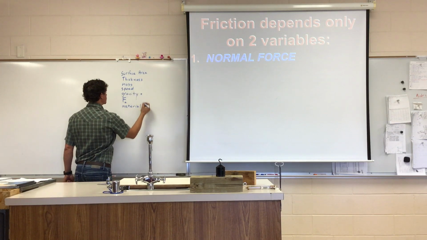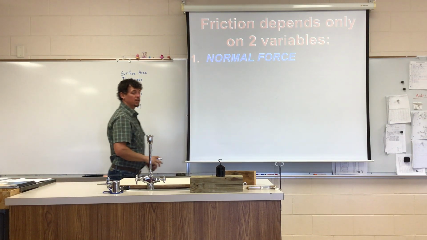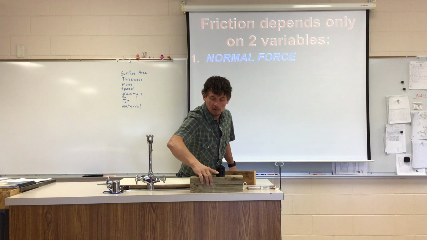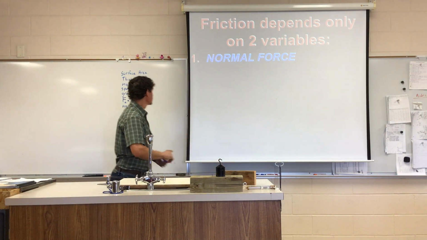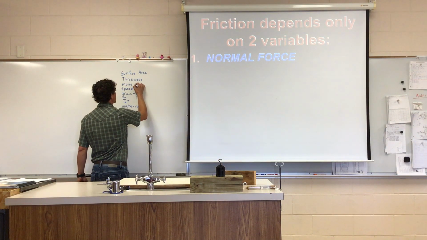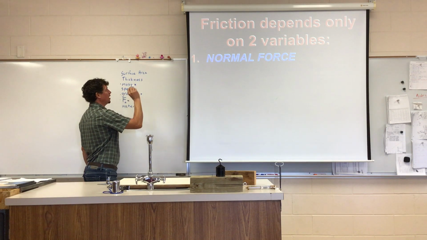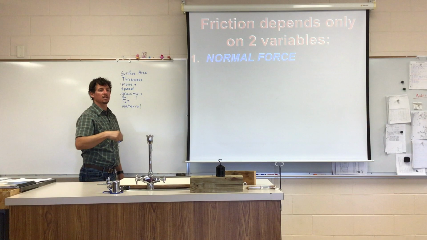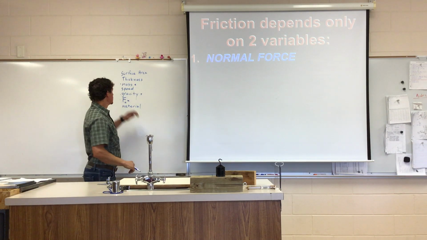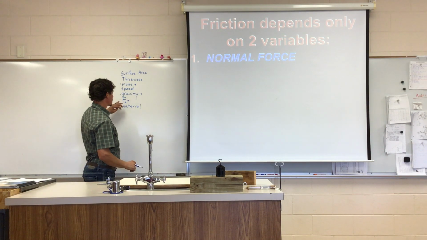Force applied, absolutely. If I push down on this or pull up on it, it's going to change the normal force. And the mass as well, the mass of the object. So these three things affect normal force, which then affects force friction. So they indirectly are the correct answer.